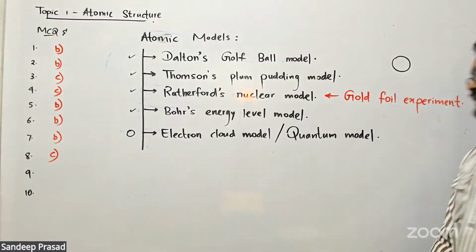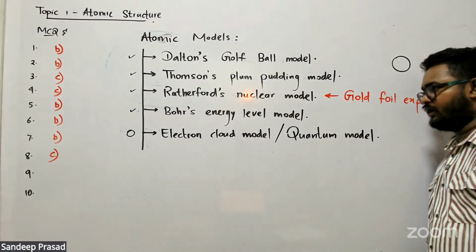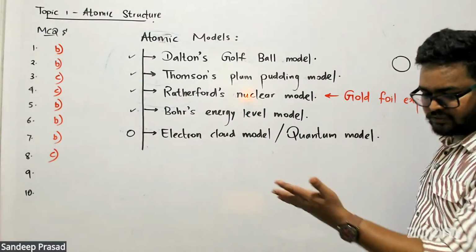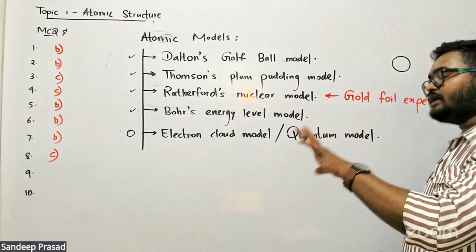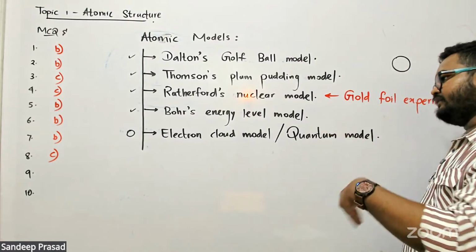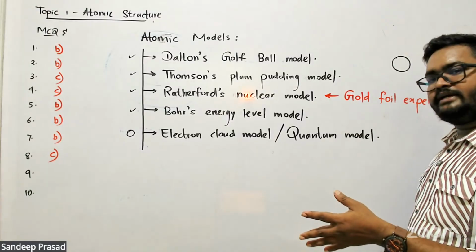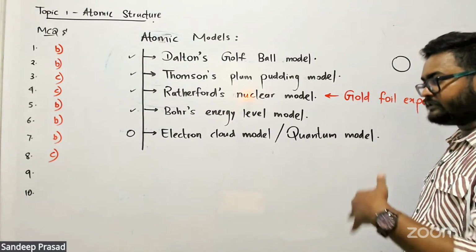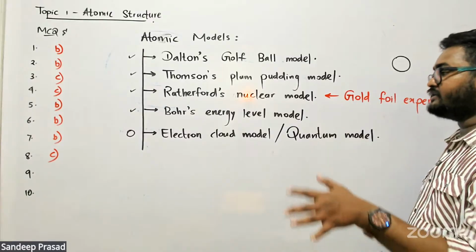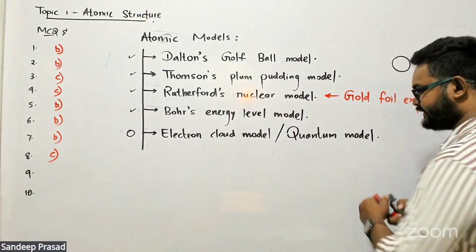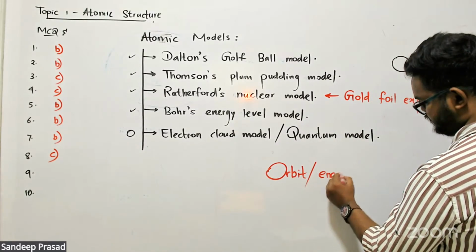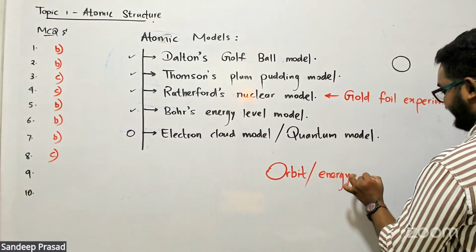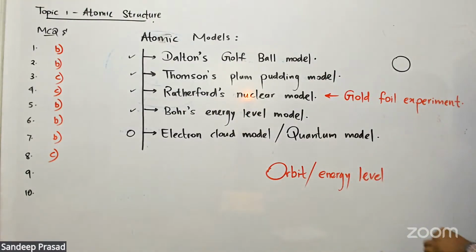After that, the development of Rutherford's nuclear model was given by a scientist known as Niels Bohr. Niels Bohr said that electrons are revolving around the nucleus in certain paths. Those paths are known as orbits. Or else, the most generalized term is energy level. As I told you, n equal 1, n equal 2, n equal 3, those are the energy levels.